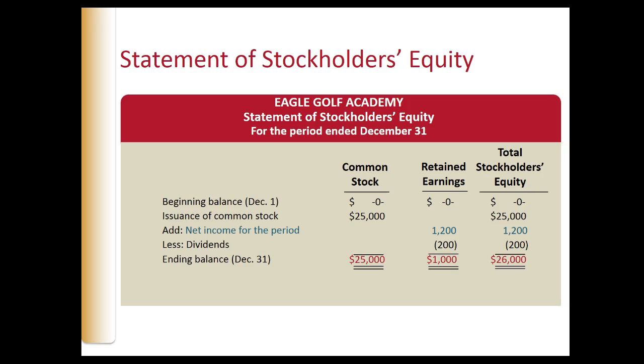In this stockholders' equity statement, it was a new company, so our beginning balances were zero. We show throughout the period the transactions that occurred. An important one that will always occur is the addition of net income for the period, or the subtraction of a net loss, less any dividends that are paid out to provide us with our ending balance.